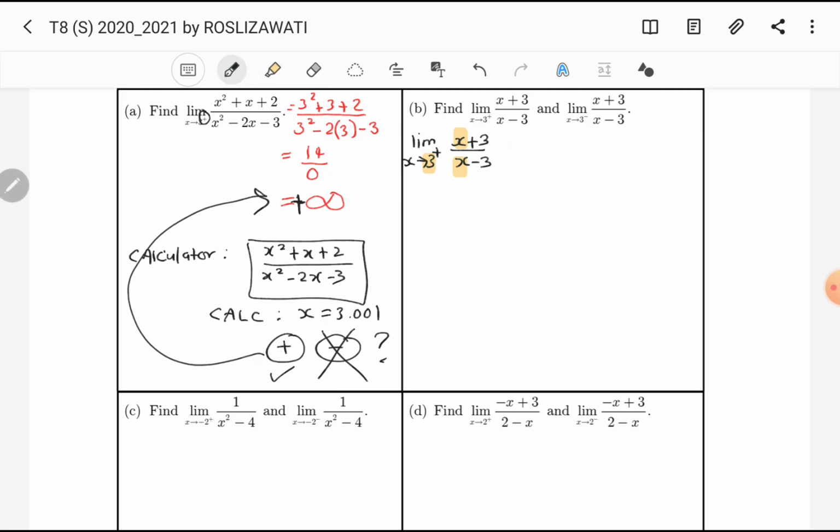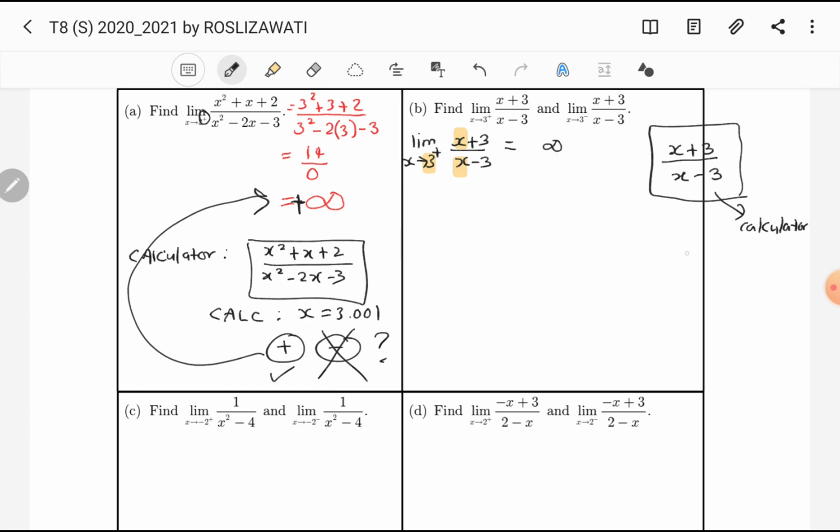And 6 over 0, number over 0, answer is infinity. So, macam mana nak check infinity tu positif ke negatif? Okay, kita akan masuk dalam calculator apa? X plus 3 over x minus 3. Okay, ni masuk dalam calculator.